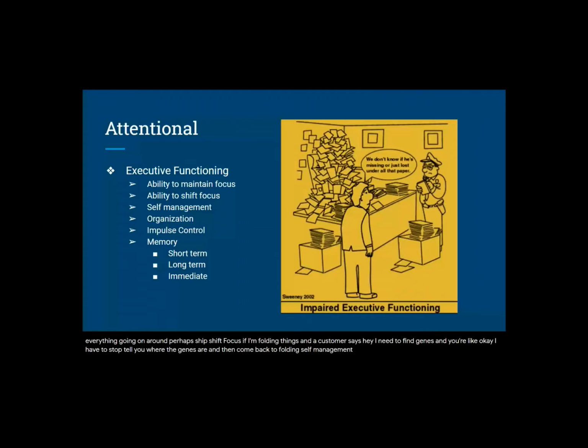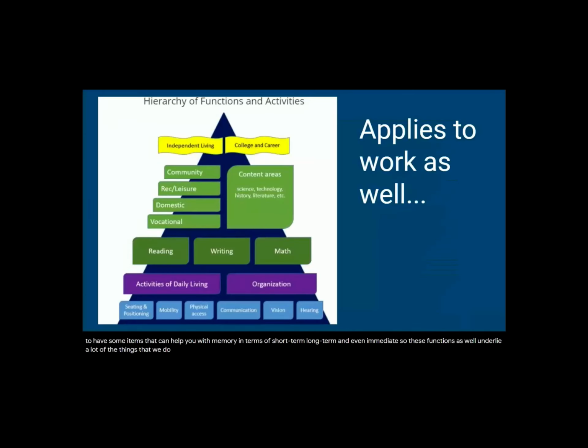Self-management, organization, impulse control is very important. Having worked the night shift at an IHOP in the middle of the University of Illinois campus, I will say that's very important as an employee. Knowing that, being able to have some items that can help you with memory in terms of short-term, long-term, and even immediate. So these functions as well underlie a lot of the things that we do.